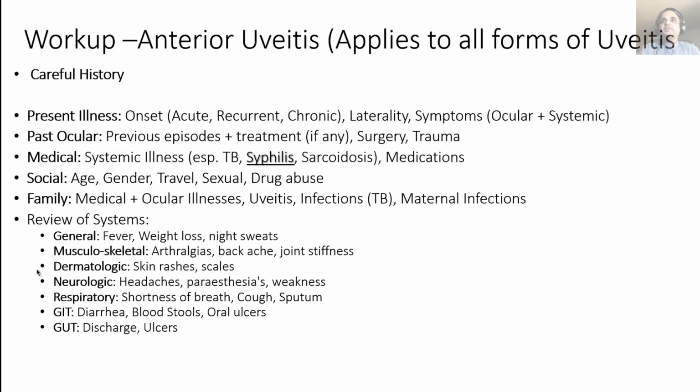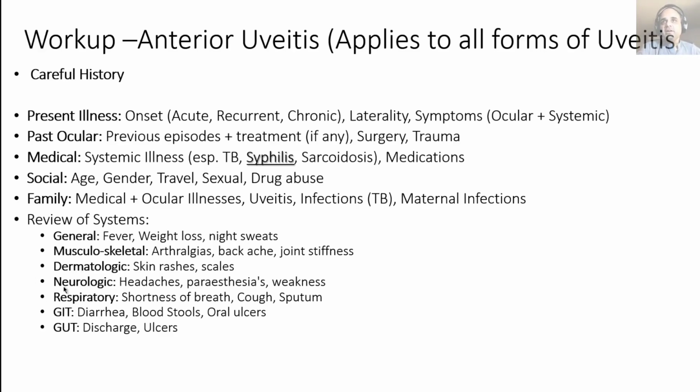These are just review of systems. Again, nothing out of the ordinary that I can basically think of. All of these are related to TB. These are related to various joint inflammations. And if you can pick out specific joints, for example, joints of the spine, large joints, medium joints, it might give you a hint as to which of the systemic associations you're looking at. Dermatologic association is psoriatic arthritis.